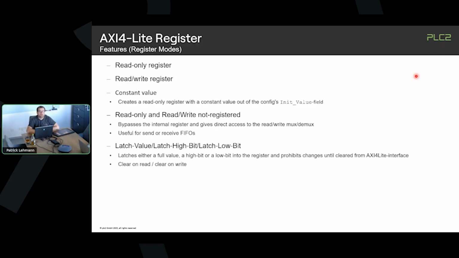So for the feature list, we have, of course, read-only registers and read-write registers. These are the common ones. And now we have some further optimized modes. One is a constant value. So it's taking a value from the init field of our register description. And this is like connecting a constant or generic to a register.